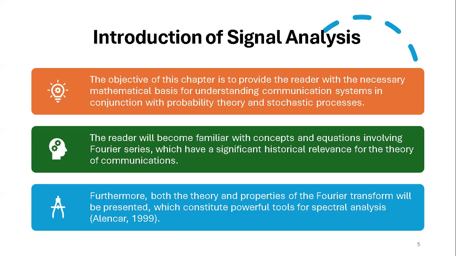Conjunction with probability means the intersection of the events. I will discuss this in detail in the next video.